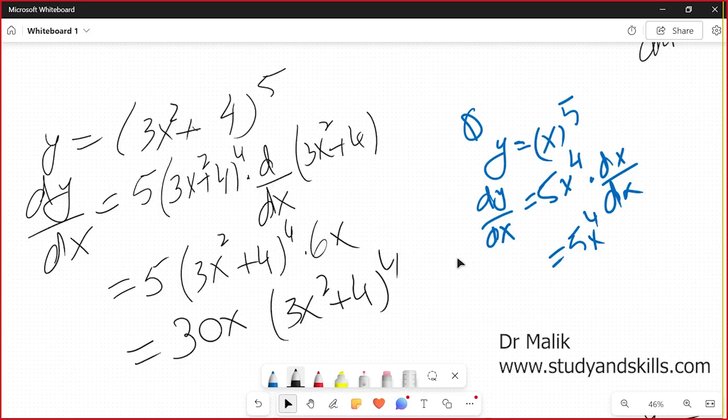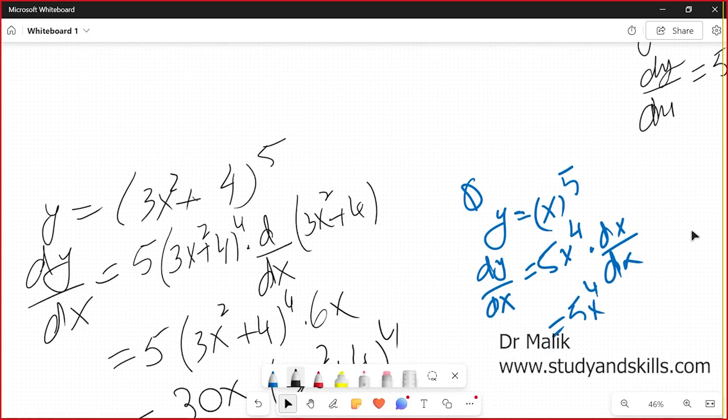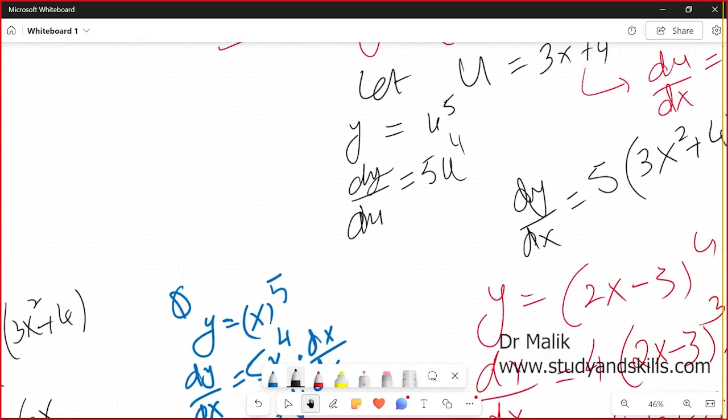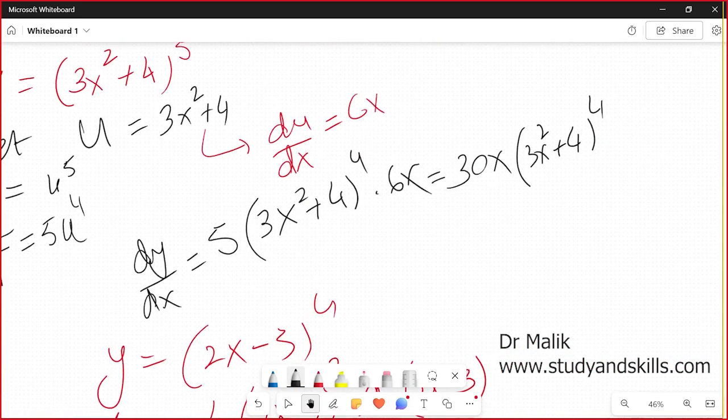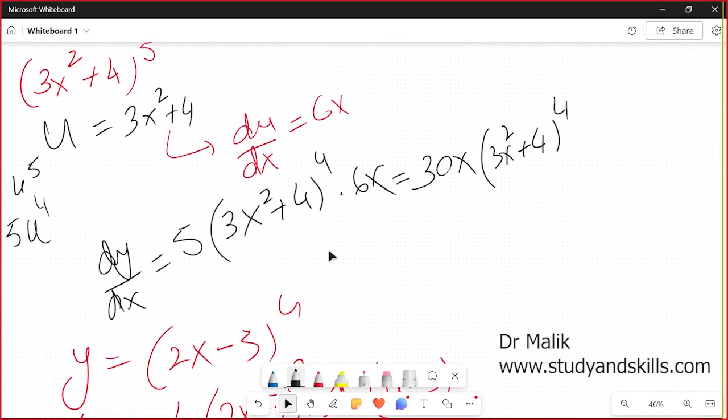This is another way we did it. We previously did the same question by putting u here. We got the same answer, 30x times 3x squared plus 4 raised to the power 4. Here we had replaced 3x squared plus 4 with u, and then applied this.